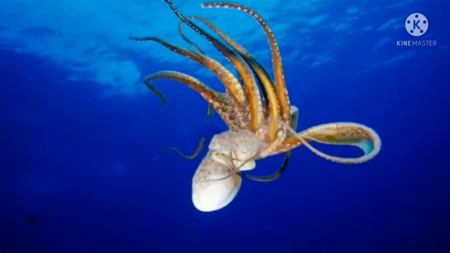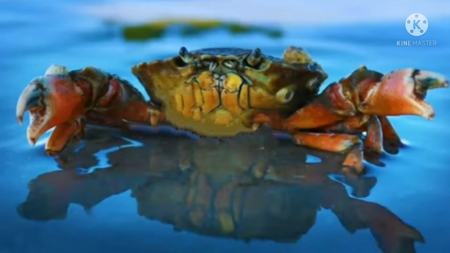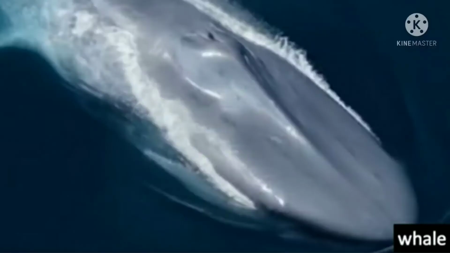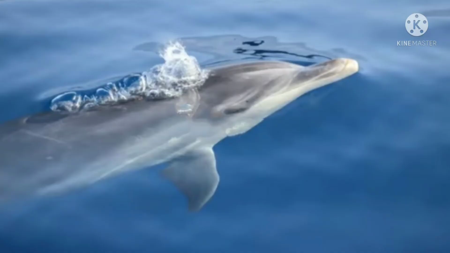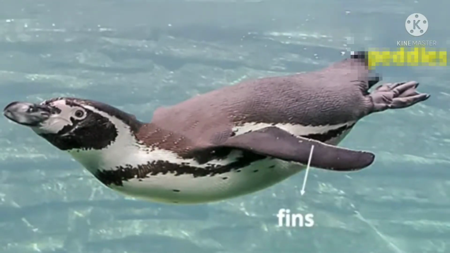Fish, octopus, turtle, crab, etc. Most aquatic animals have gills as their breathing organs, except whales and dolphins that breathe through lungs. They come up to the surface of the water to breathe air. Most aquatic animals have fins or paddles that help them to swim.